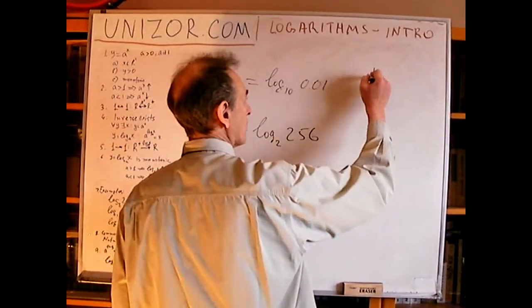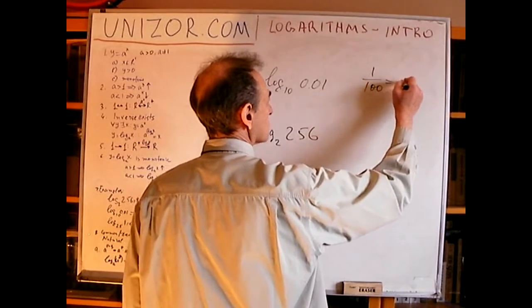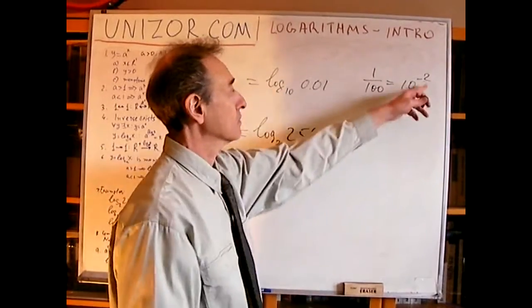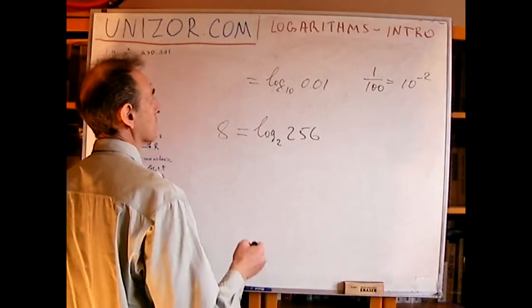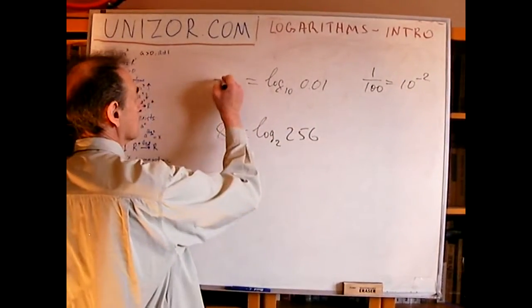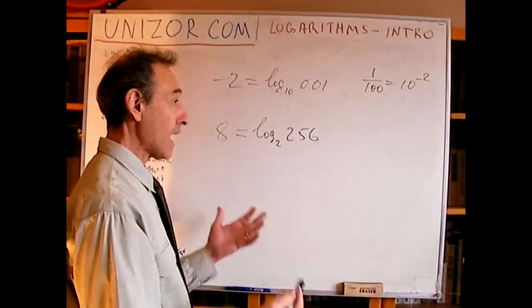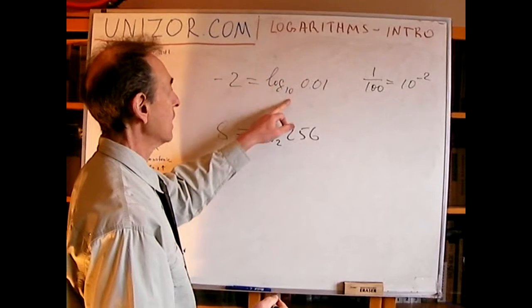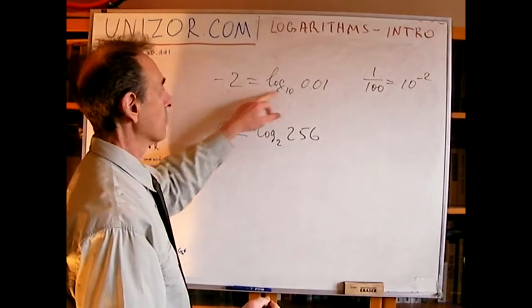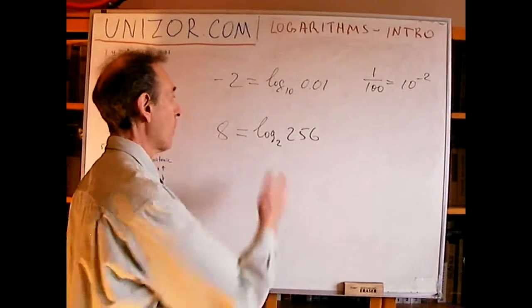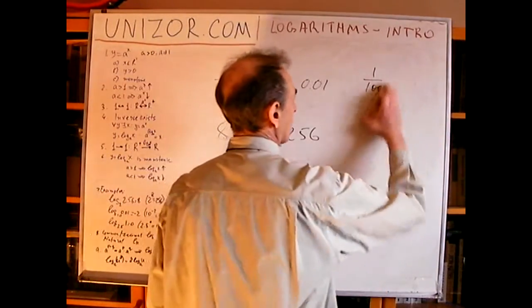Well, remember that 100ths is 10 to the power of minus 2, right? That's the definition of negative 2 as a power. Again, I kind of guessed that if 10 is raised to the power minus 2, I get 0.01. That's why minus 2 is the value of this logarithm.